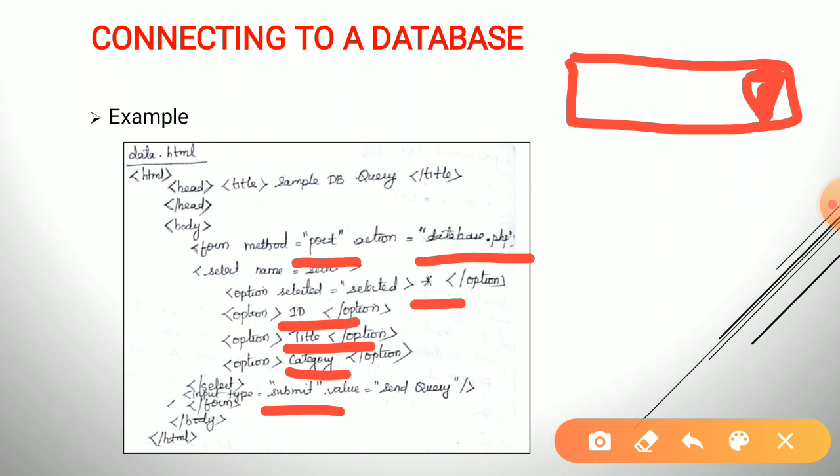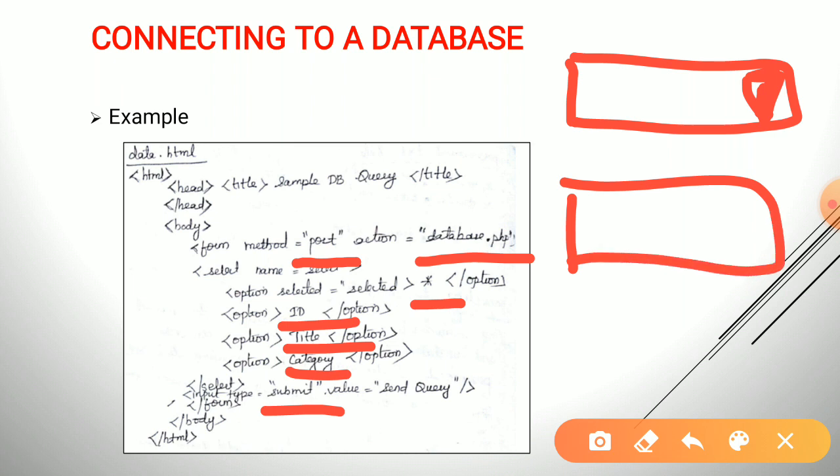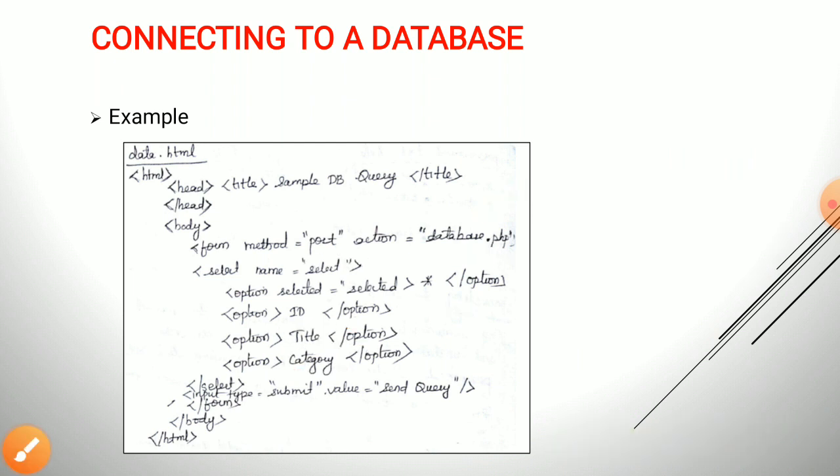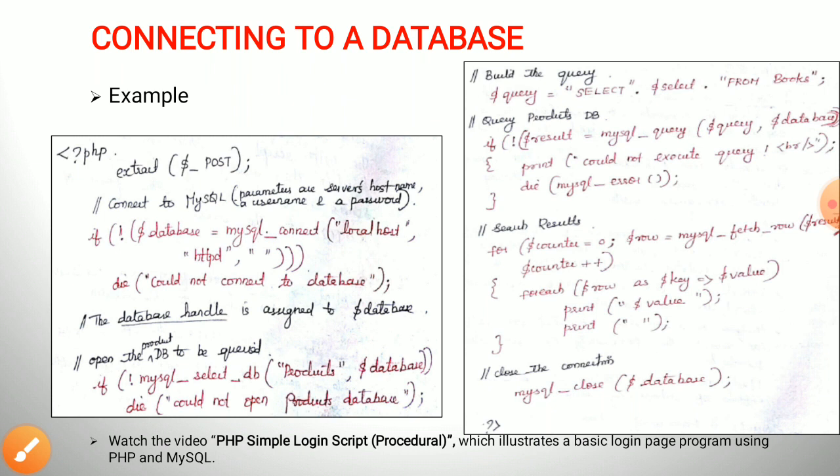So this form contains this drop down menu which contains 4 options, and a submit button also, with the value send query. Okay, so when we click this send query button, form data will be processed by this database.php. Now the database.php file is given here.